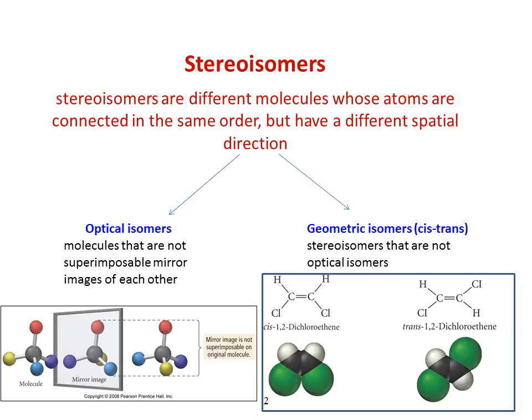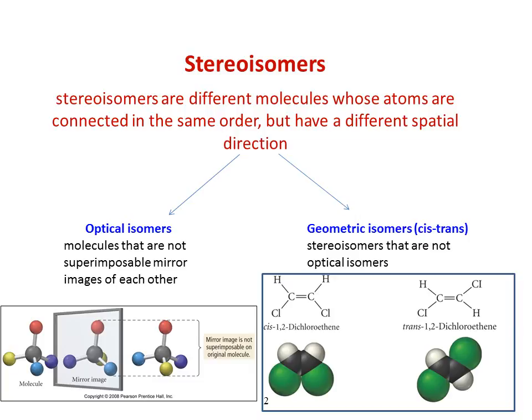Optical isomers means the atom has four different atoms or molecules attached to it. As a result, its mirror image cannot be superimposed. So if you take the mirror image of a molecule, it is going to have a different spatial arrangement. They cannot be superimposed. We already talked about that in our previous lecture.